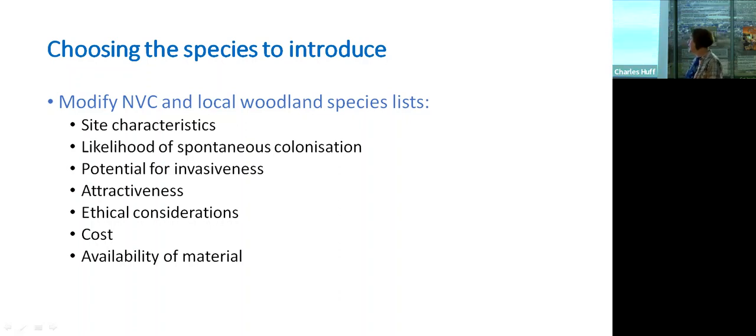Potential for invasiveness and attractiveness. You know, how authentic do you want to be? Ethical considerations. I'm saying you don't want to leave your woodlands impoverished, but on the other hand, where do you stop? You might think, oh, bluebells are all right. Bluebells are fairly widespread, fairly common. Wood anemone, same. But then you get onto something like herb Paris, which you might have in your woodlands.